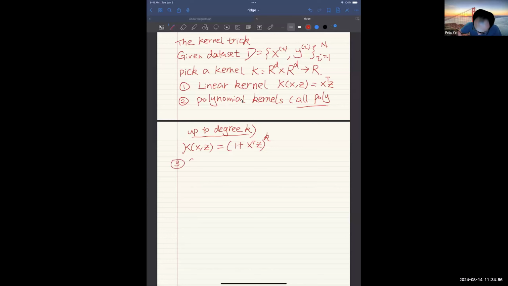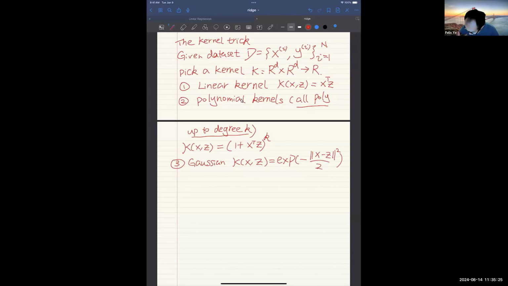Another popular one is called the Gaussian kernel. The kernel looks like exponential of minus the norm of x minus z squared, divided by 2 sigma squared, where sigma is greater than 0.